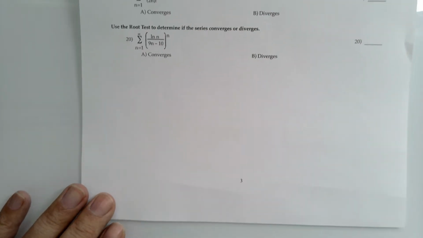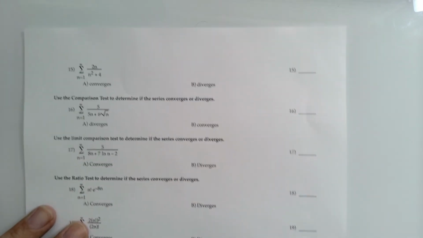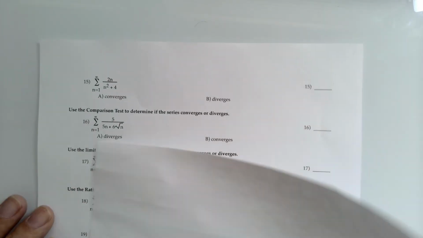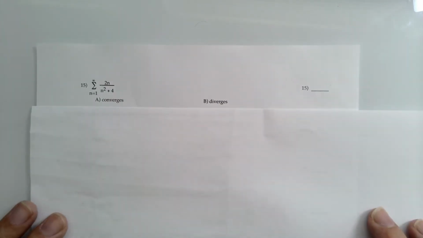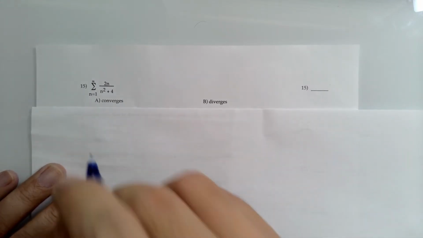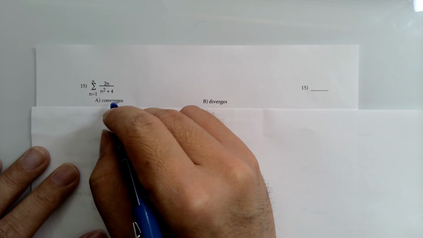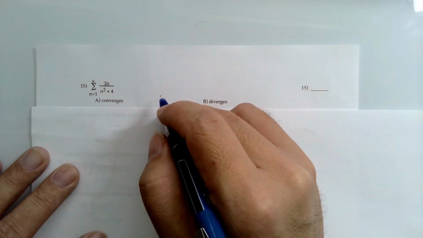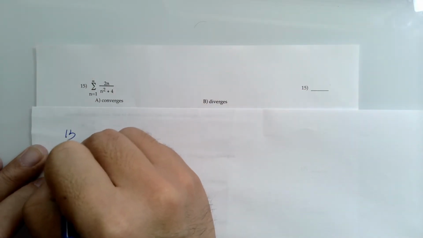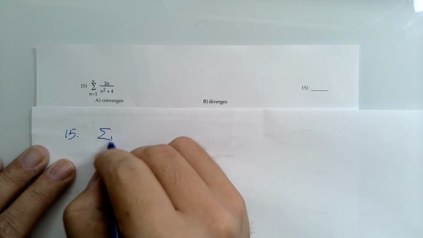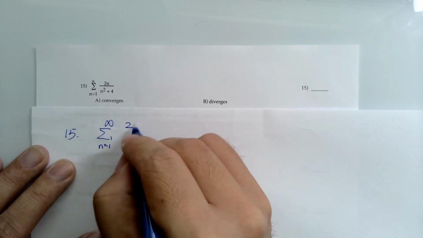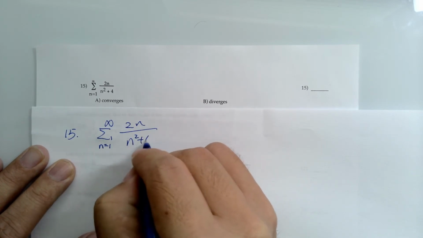Now let's look at a couple of questions. One of these is here. Again, check whether this series converges or diverges. I'll show this one with the integral test to give you a sense of what the integral test is.